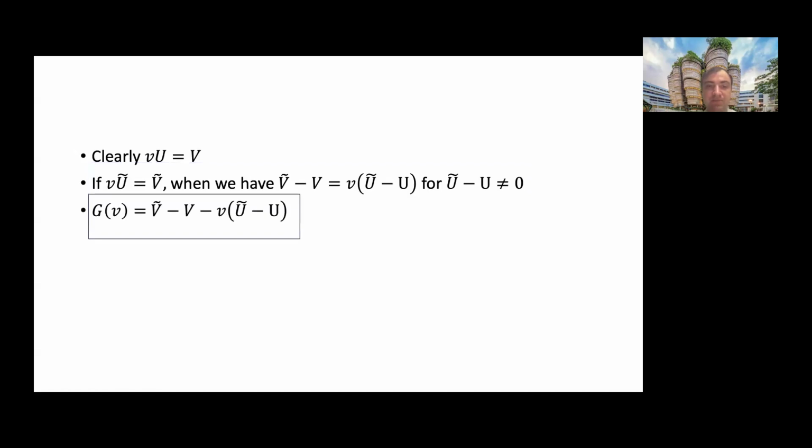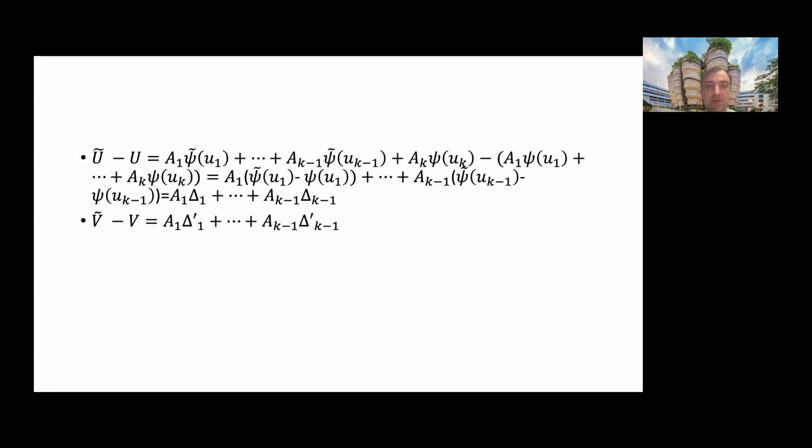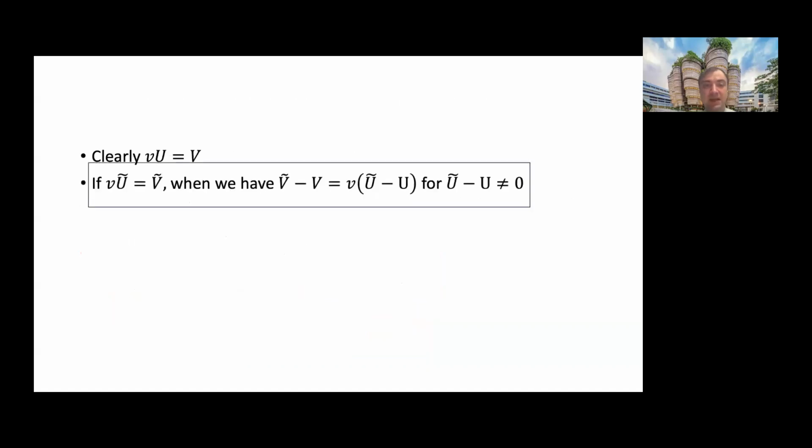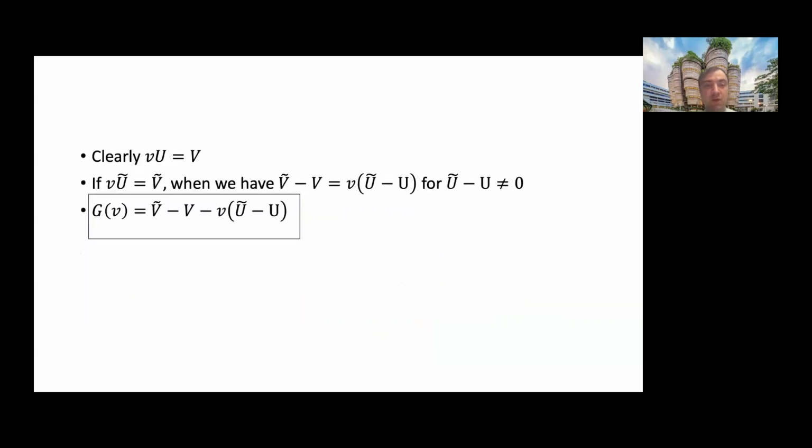And as a result, we can form the following polynomial from v small: v big tilde minus v big minus v small times u big tilde minus u. And importantly, v big tilde minus v is under control of the adversary, because the adversary controls the difference between psi tilde and psi, and the same holds for u big tilde minus u, because it's also under control of the adversary.